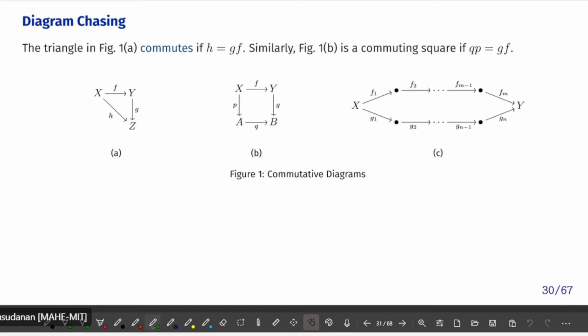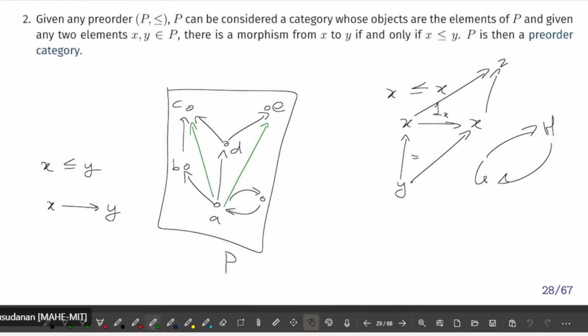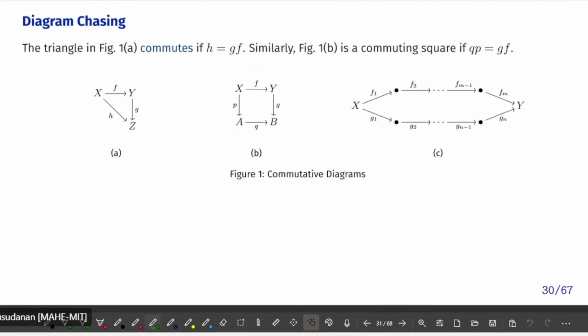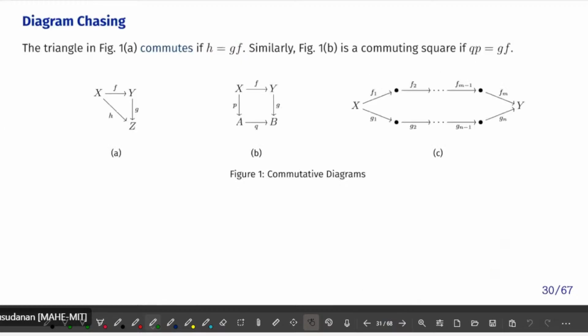Now, one of the definitions of, in fact, like in this category, once you take an element, how do you prove it?